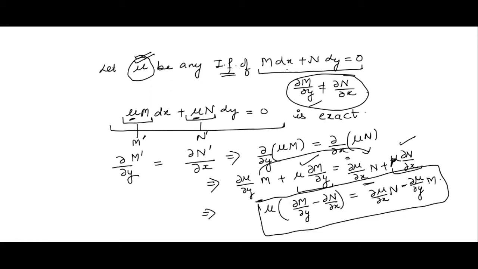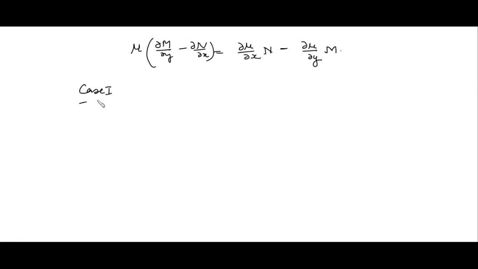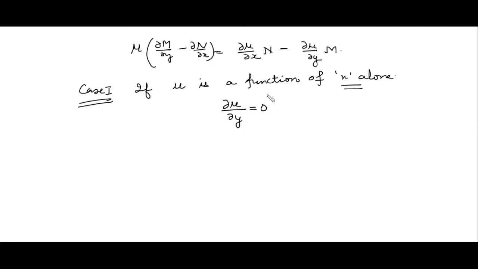Now we have some different cases. Case 1: once again see, we get mu times (∂M/∂y minus ∂N/∂x) is equal to the partial derivative of mu with respect to x into N minus the partial derivative of mu with respect to y into M. So case 1: if mu is a function of x alone, then clearly the partial derivative of mu with respect to y will be 0.